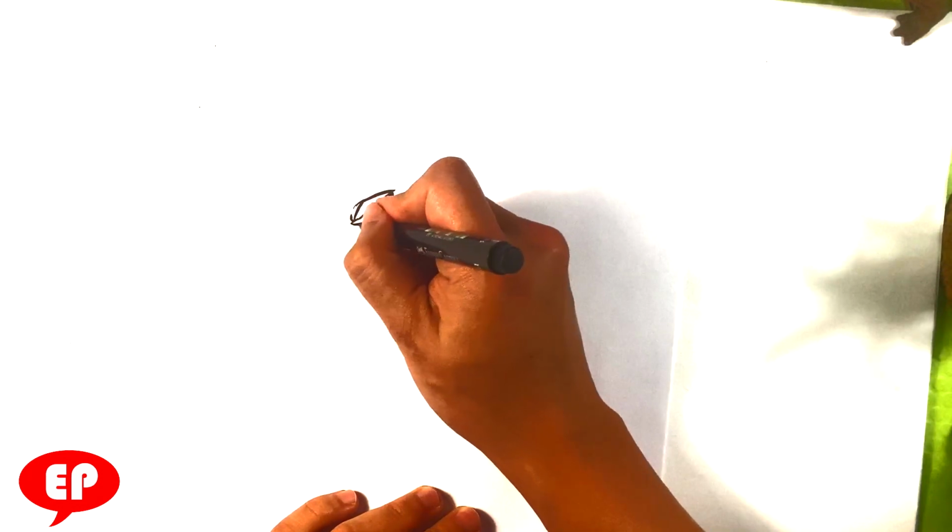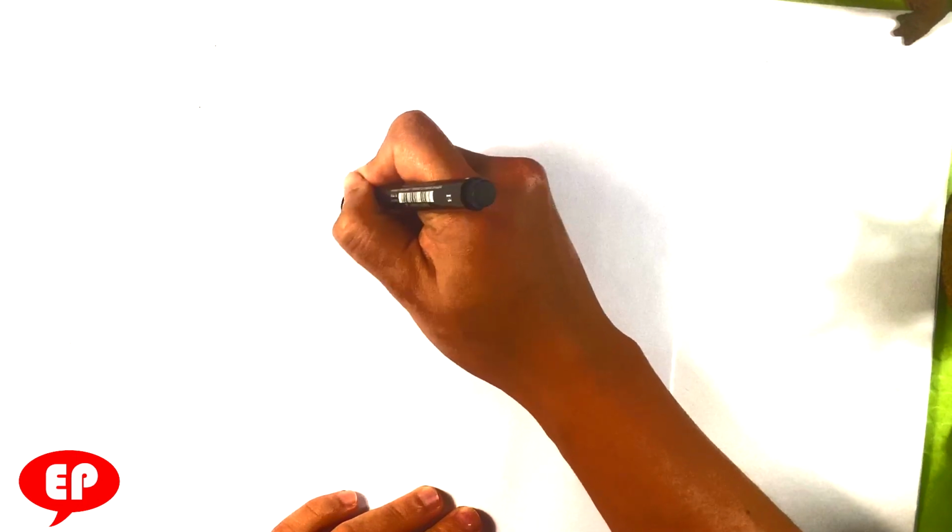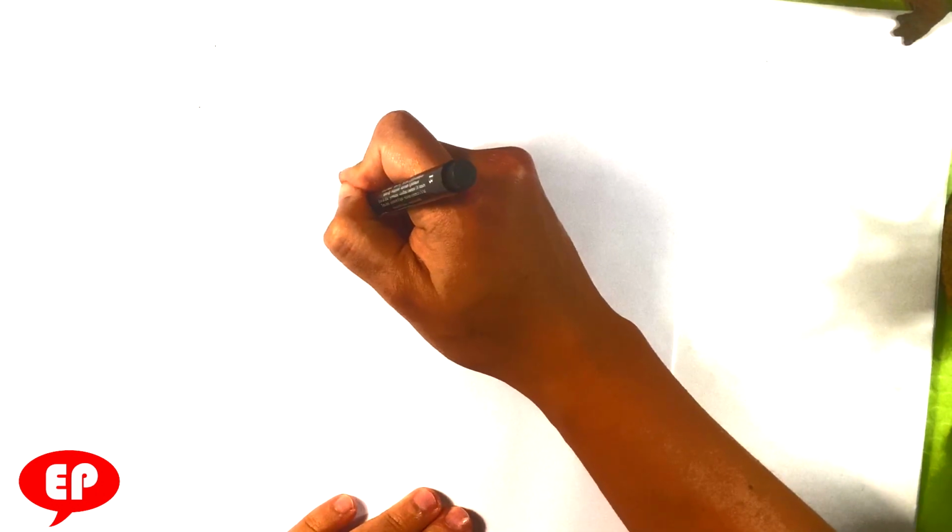It's kind of like bags under the eyes. Curve line right there. You got that cool kind of monster look.